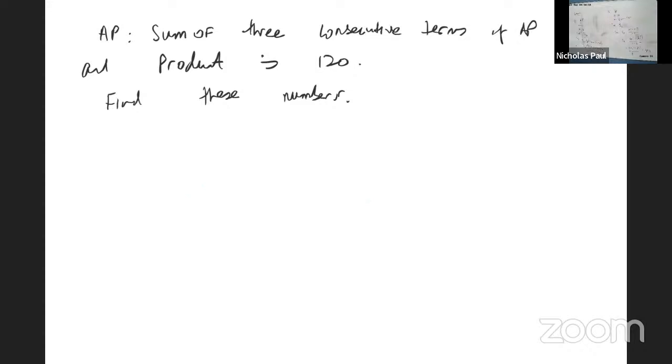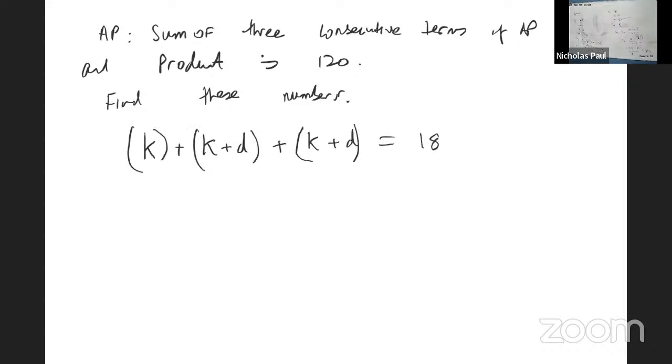I'll give you a little help because it's the first time we're doing one like this. The sum of the 3 consecutive terms. So let's assume the first term is K. What would the second term be? If the first term is K in an AP, then the second term is K plus D. What would the third term be? K plus 2D. And when you add up all 3 of them, it's equal to 18.